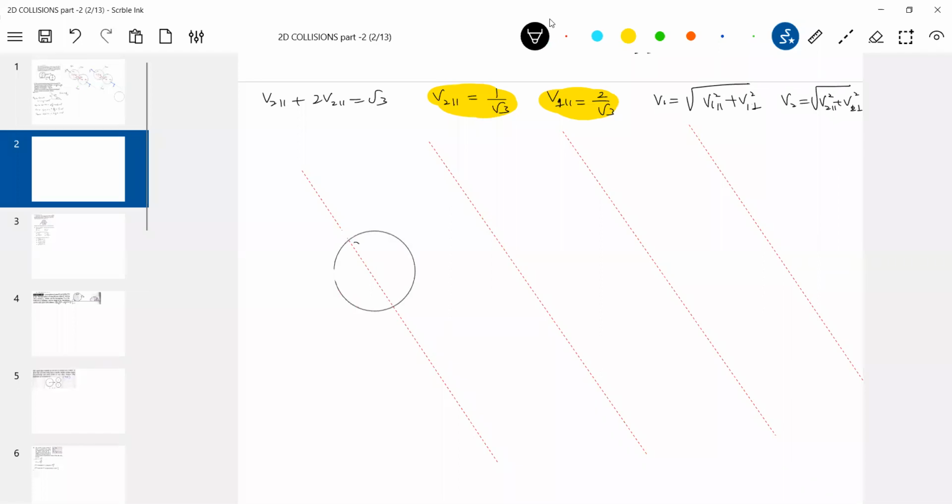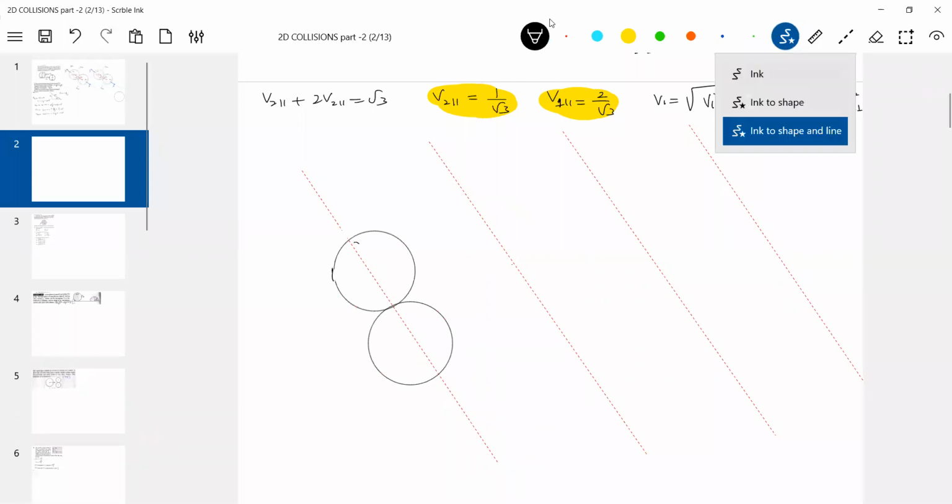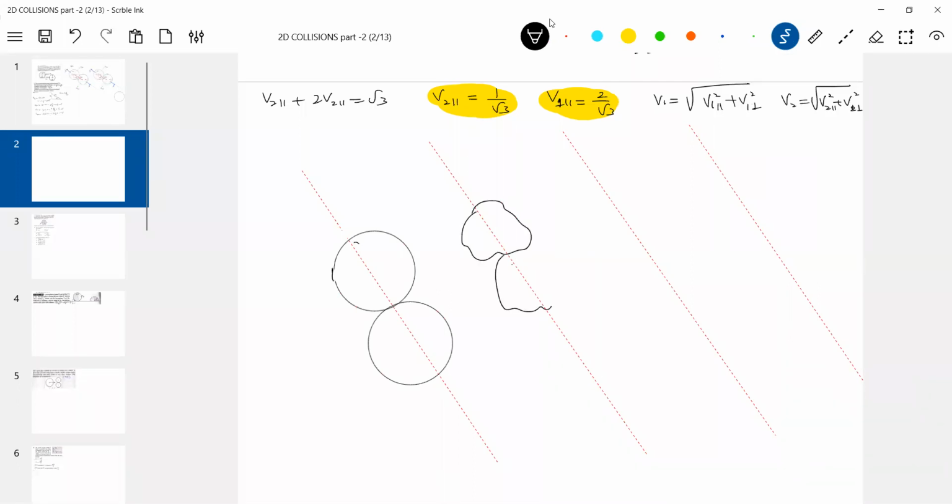They'll collide like this, just before collision. Same thing I'm repeating. And they'll start undergoing deformation, like this. And maximum deformation will occur.